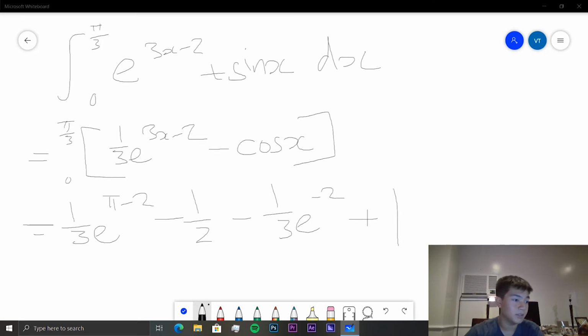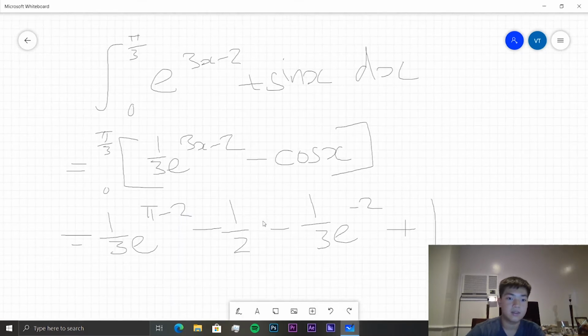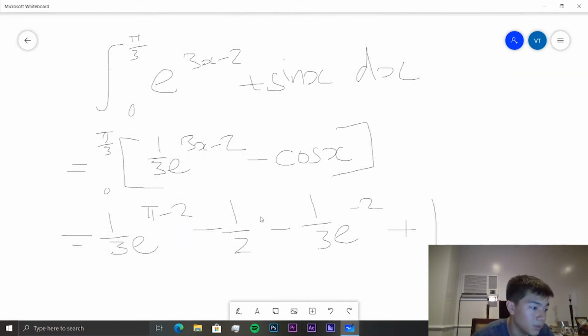So it should be equal to... 1/4 e to the 2x minus 1 minus 1/2 sine 1 minus 2x. Oh, that's the wrong one. I'm looking at the wrong one, sorry. 1/3 e to the minus 2 times e to the pi minus 1 plus 1/2. Yeah, so in other words, we just rearranged it and we should get the correct answer.